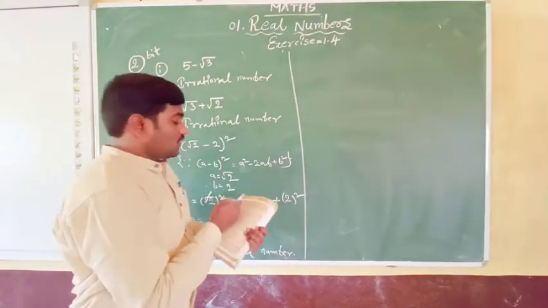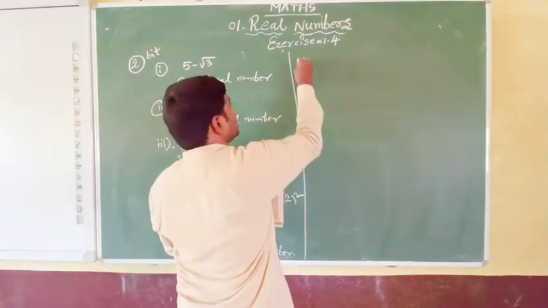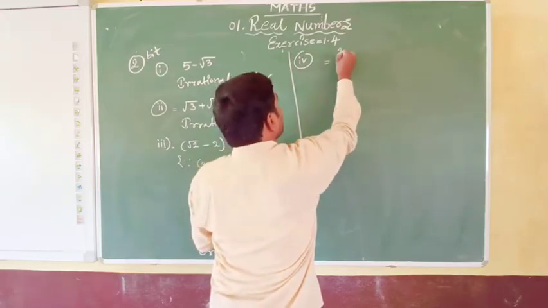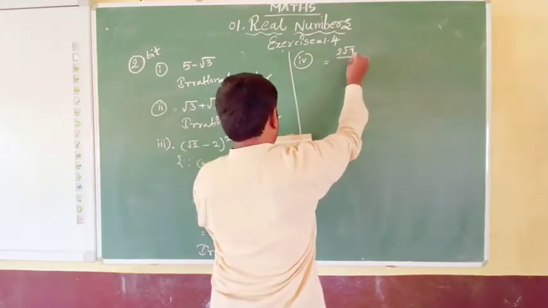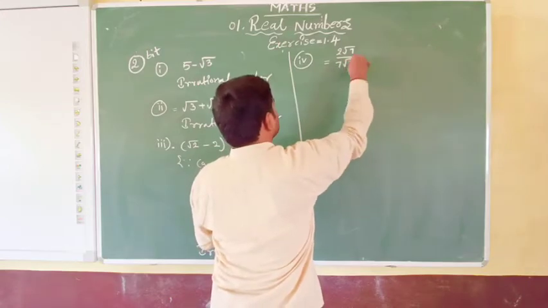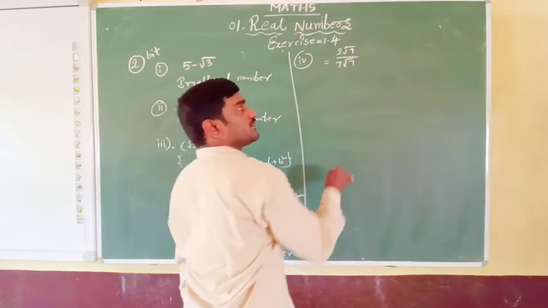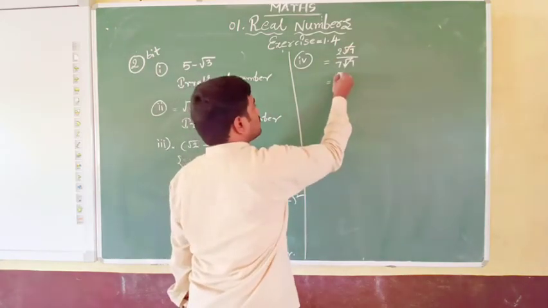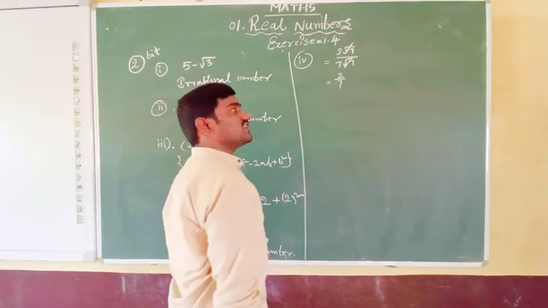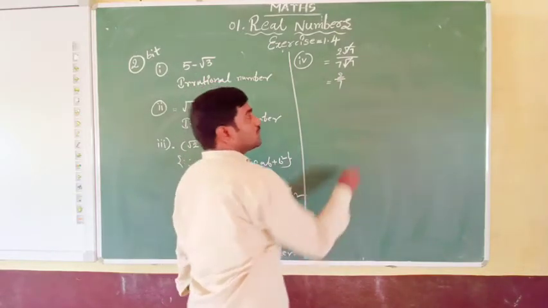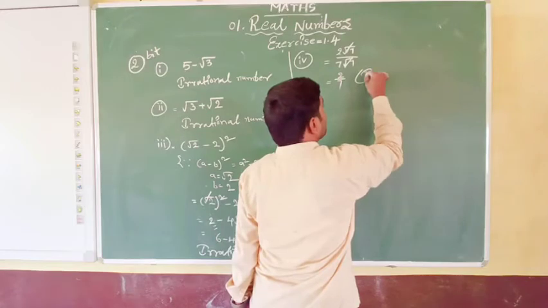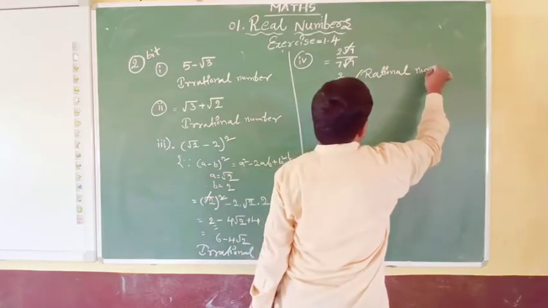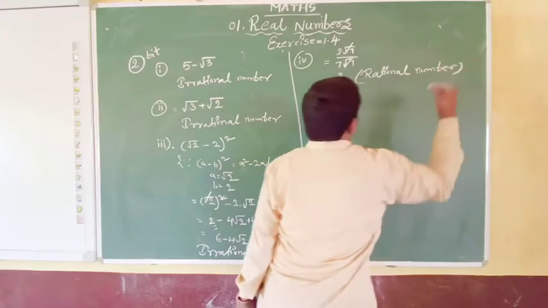Then we go for the fourth one. What is the fourth one? 2 root 7 by 7 root 7. So simple here, root 7 and root 7 get cancelled. Same number. So what is left now? 2 by 7. 2 by 7 is in the form of p by q. So it is a rational number.